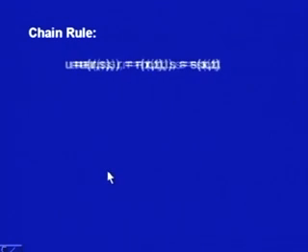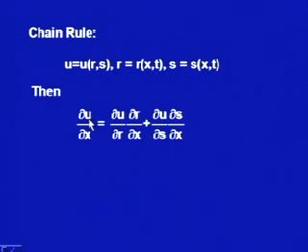Now, for partial derivatives, the chain rule says that if u is a function of two variables r and s, where both r and s are also functions of two variables, say x and t, that is, r is a function of x and t and s is also a function of x and t, then if I want the derivative of u with respect to x and t, while u is actually a function of r and s, the chain rule says that the partial derivative of u with respect to x can be given as del u over del r into del r over del x plus del u over del s into del s over del x.